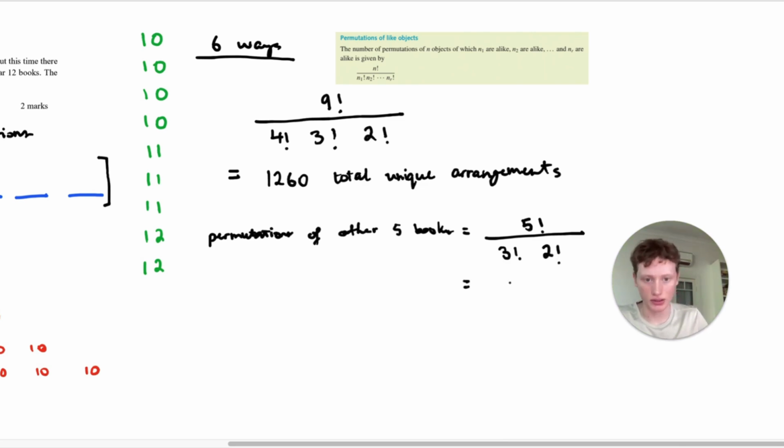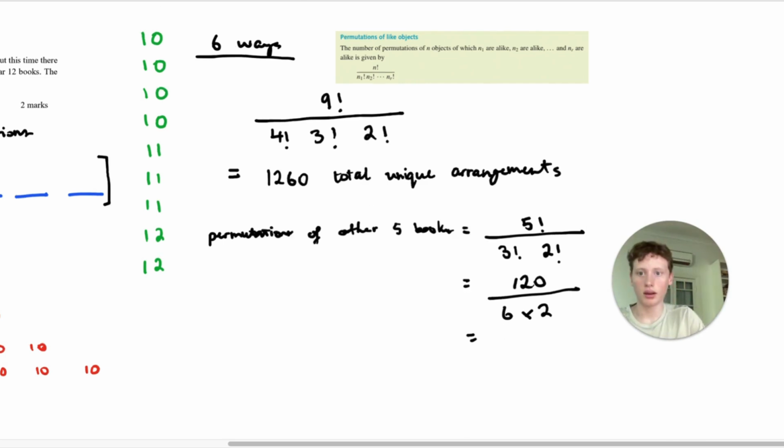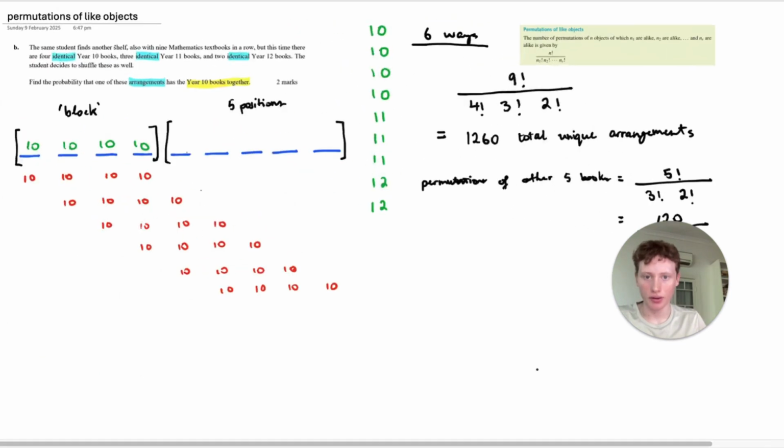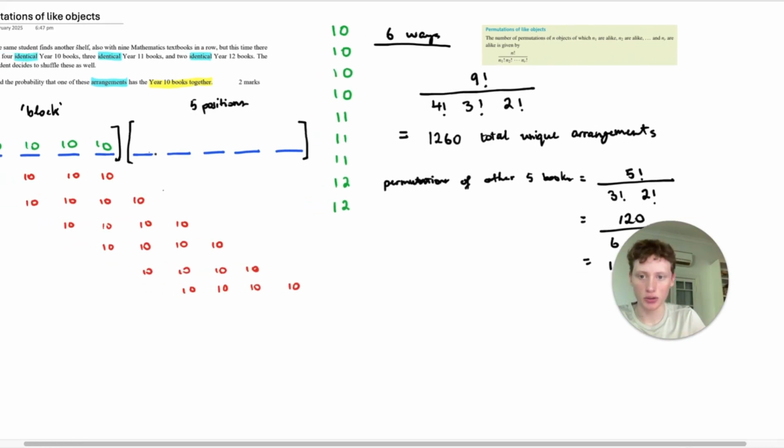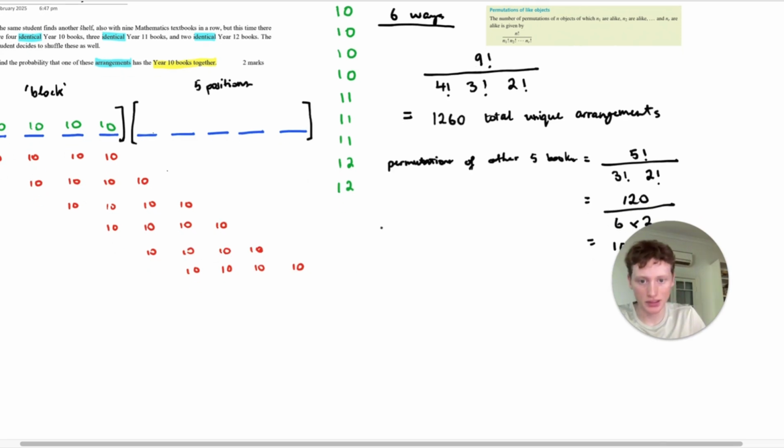And so that gives us 120 divided by 6 times 2, so 120 divided by 12, which gives us 10 ways. So if there are 6 ways that we can place the block together, and then 10 different arrangements of the remaining 5 positions, that's 6 times 10, which is 60 total arrangements that will result in the Year 10 books together.